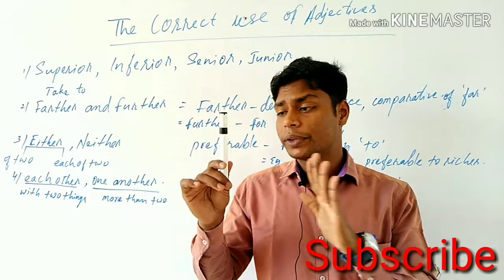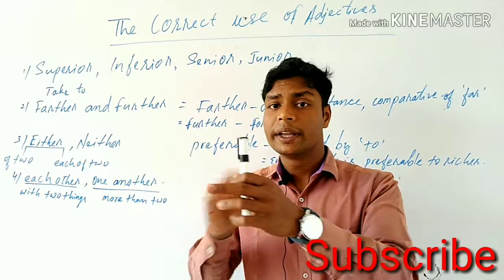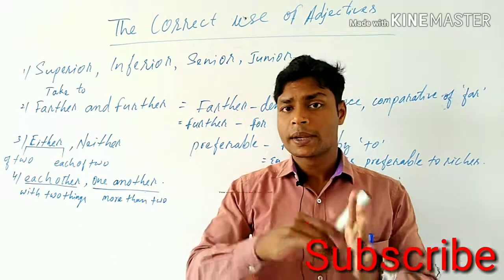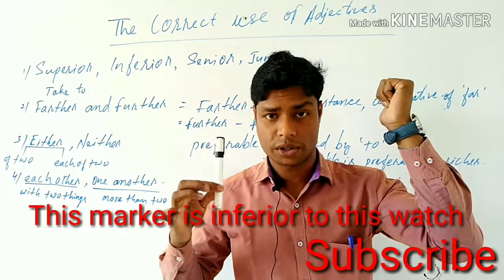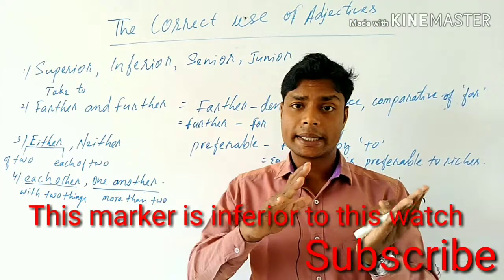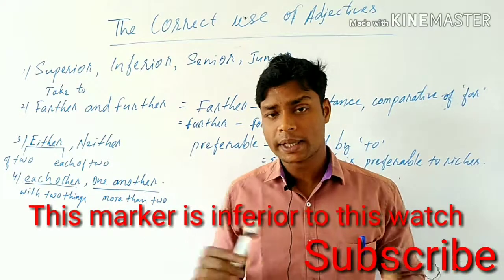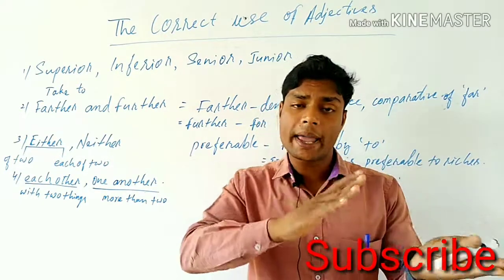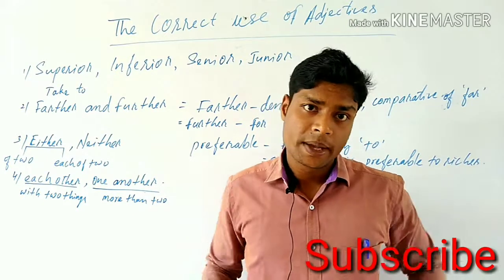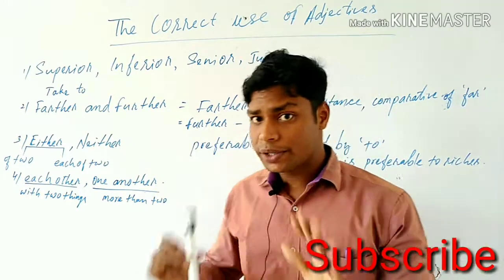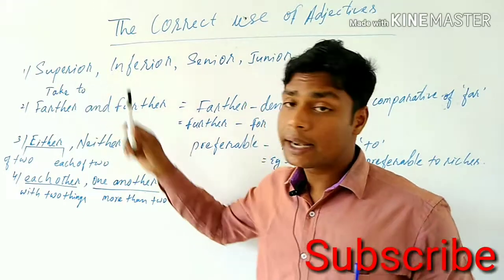We state that something is of less quality in comparison to the other thing. Thus we can say that this marker is inferior to this watch. That means we are stating the importance of these two things. We are stating one to be higher and the other to be lower. So in that comparison we use superior and inferior.